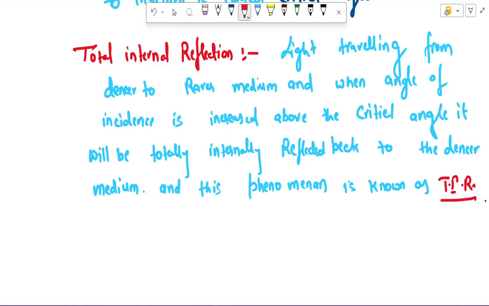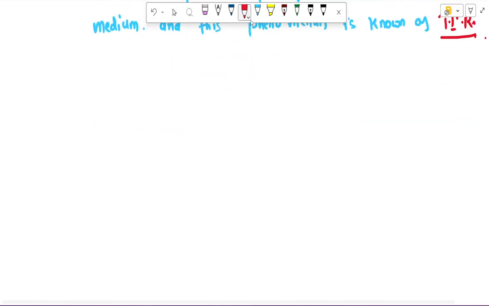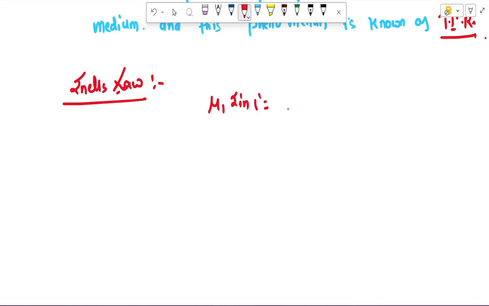Now I am going to discuss some mathematical terms regarding total internal reflection. We know Snell's law, and I will relate it to total internal reflection. Mu 1 sin i equals mu 2 sin r.